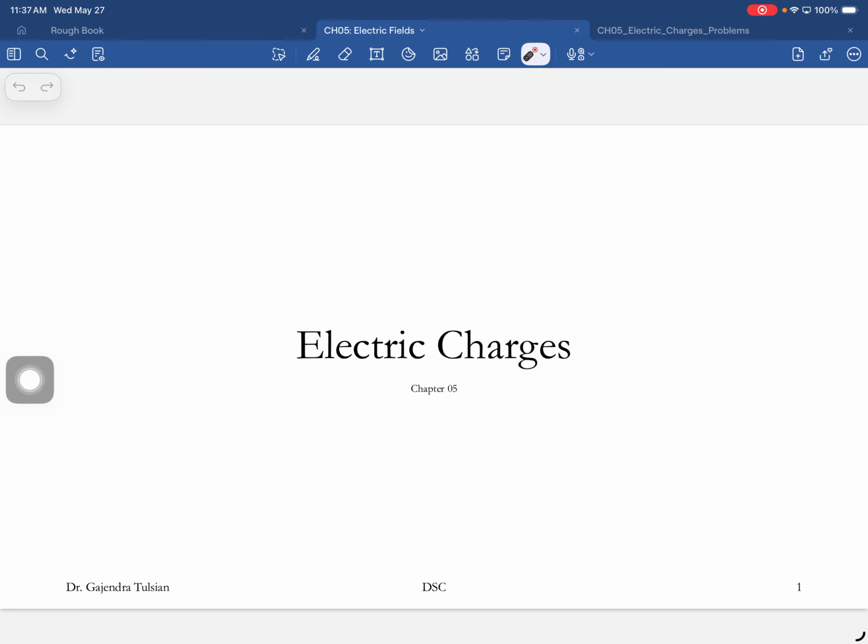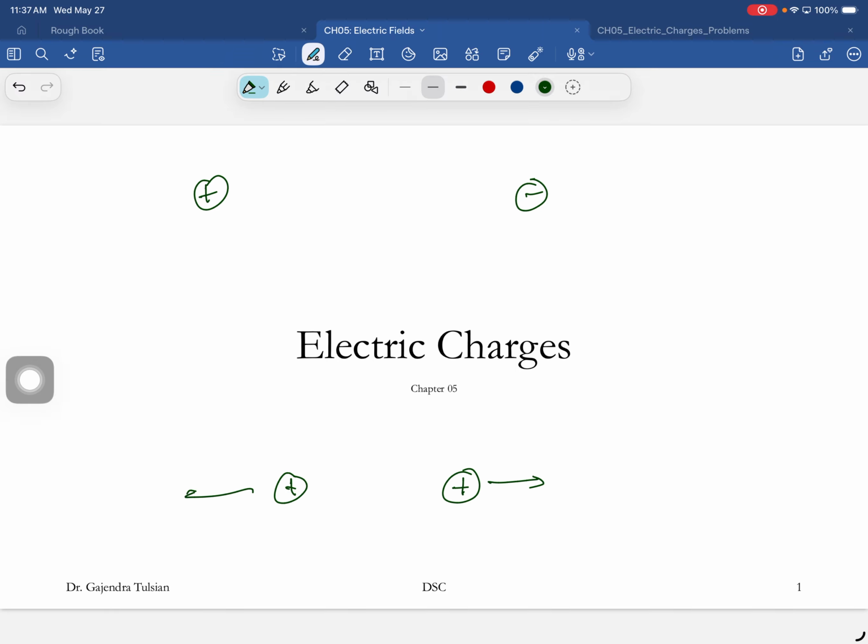You know that you encounter two kinds of charges, and you can call them two different names. We call them positive and negative charges. You could call them A and B, whatever you want. You also probably know that like charges repel each other, and unlike charges attract each other.